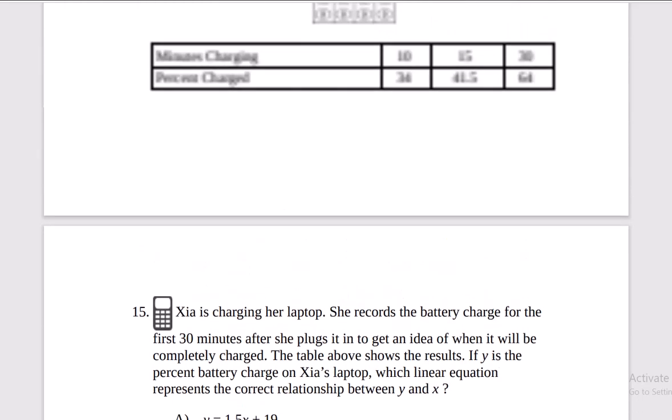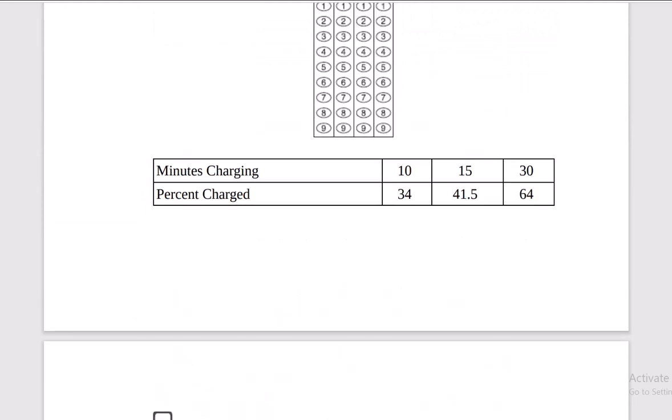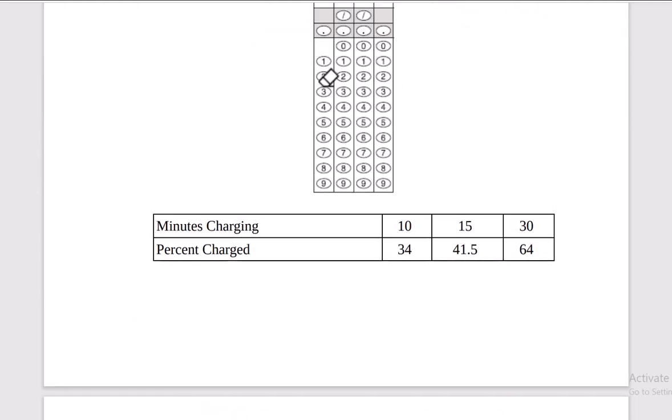So we want to know the equation of the line. When we want to solve for the equation of the line, what do we need? We need the slope and intercept. So these are x and these are y. So let's find the slope. You can pick points. For the first one, we have 10, 34, and we have 30, 60.